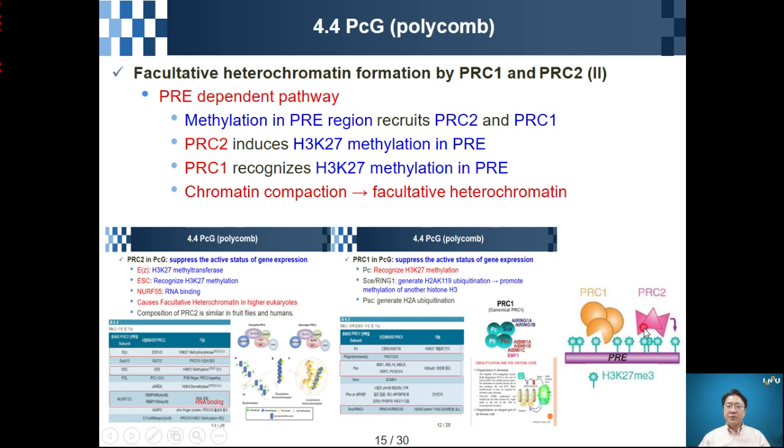PRC2 has the EZ subunit, which induces H3K27 methylation in the PRE region. After that, PRC1 recognizes H3K27 methylation in the PRE region. It makes chromatin compaction, and finally the facultative heterochromatin.